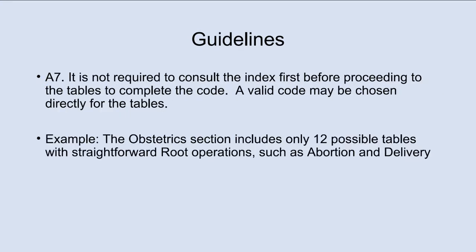Okay, here's another guideline. This is guideline A7. It is not required to consult the index first before proceeding to the tables to complete the code. A valid code may be chosen directly from the tables. So if you know where you need to go, you can go right to the table. Now here's a good example. The obstetric section, which begins with the digit 1, includes only 12 possible tables.